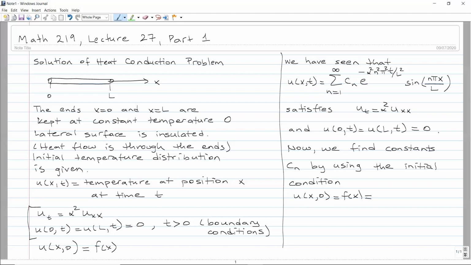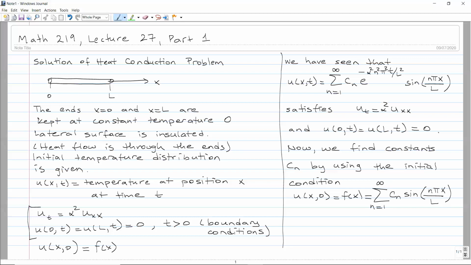On the other hand, we know that u is given by this infinite sum. So in this sum, if we take t equals 0, we have e to the power 0, which is 1. So we have the infinite sum, n from 1 to infinity, c_n times sine of n pi x over L.